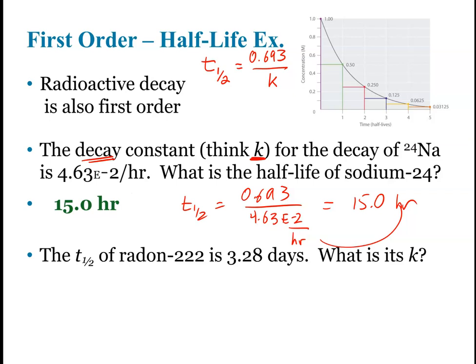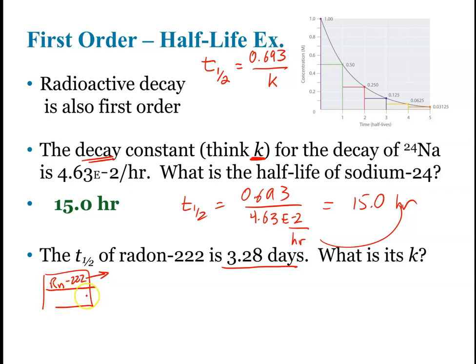All right, let's look at the next one. The half-life of radon-222. So if I have a lump of radon-222, after 3.28 days, half of this has decayed into some other element, and I believe this would decay into a form of radium, not radon, if I remember correctly.